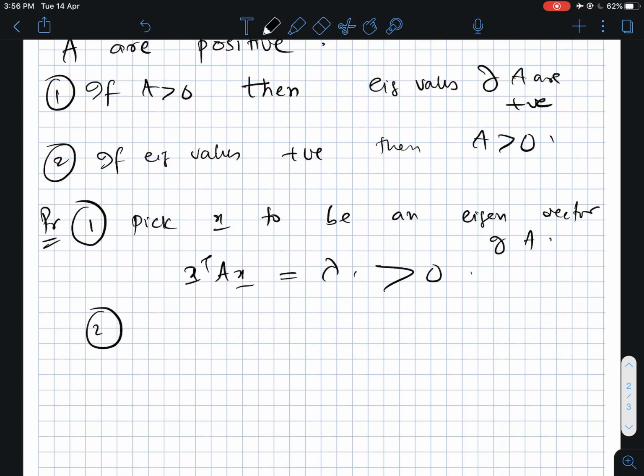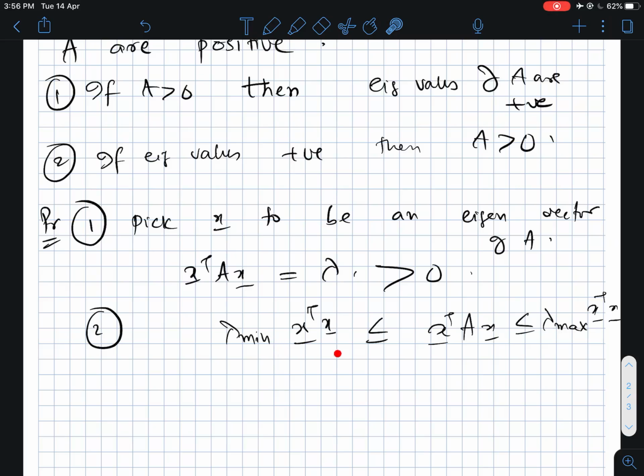Now to prove the second part: if the eigenvalues are positive, then A is positive definite. Here is where you use the Rayleigh quotient theorem. Remember, lambda min x transpose x is less than or equal to x transpose Ax, which is less than or equal to lambda max x transpose x. Now what does it say? If all the eigenvalues are positive, that information is given to you, then lambda min is positive.